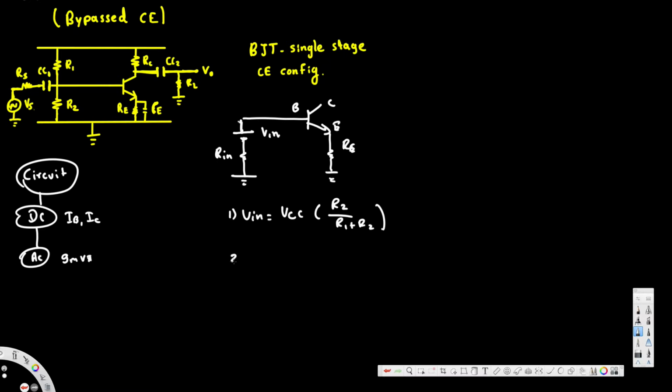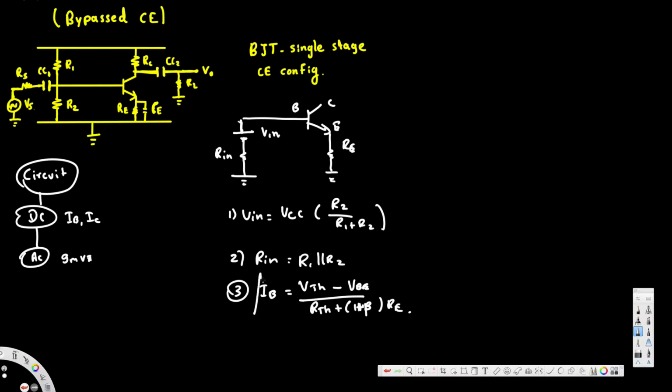Now for the next thing we are going to calculate R input. R input is R1 parallel R2. Now for this one we have to use the KCL. IB is equivalent to V Thevenin minus VBE divided by R Thevenin plus (1 plus beta) times RE.